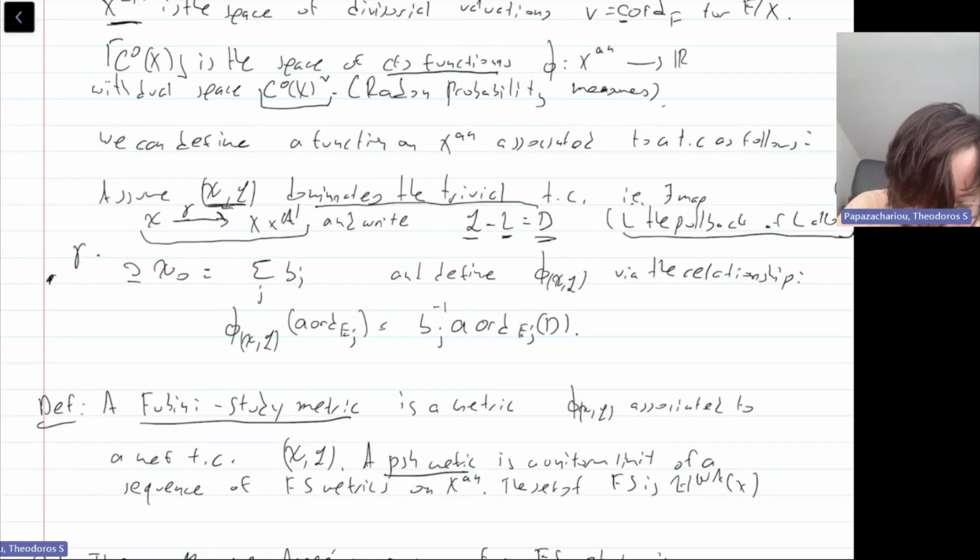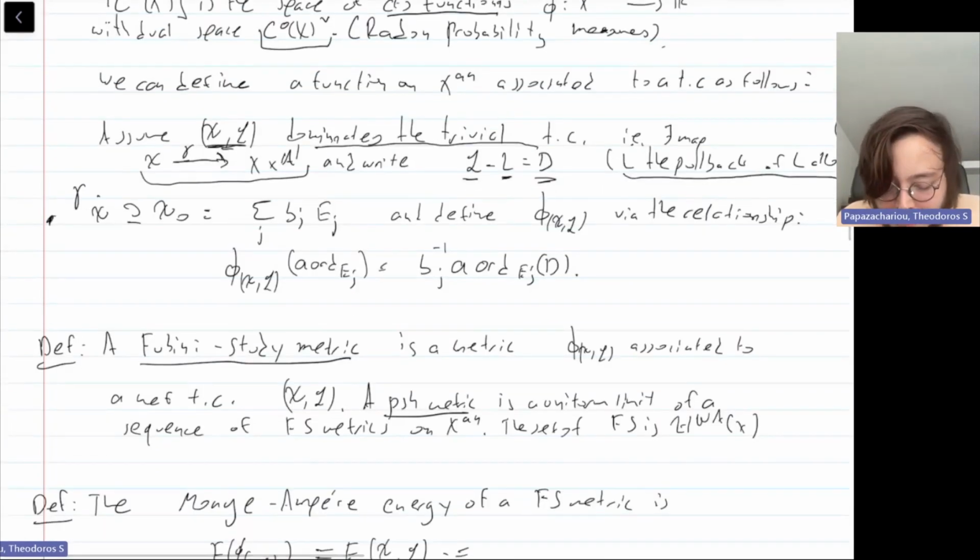lying inside x, right? So you can think of x0 as a divisor, which doesn't necessarily have to be irreducible. So you can have this irreducible representation of x0 by cycles. So these E_J are reduced irreducible divisors essentially inside the variety curly x.